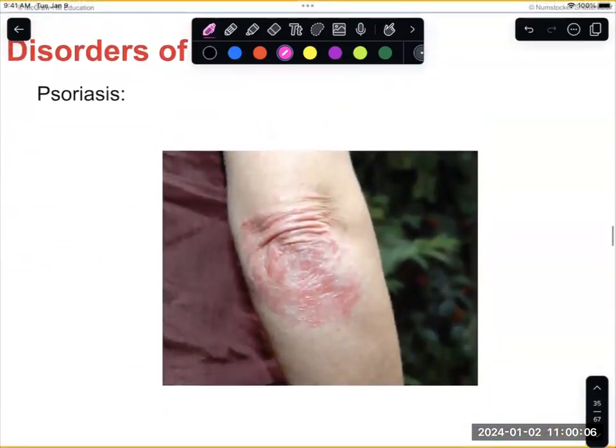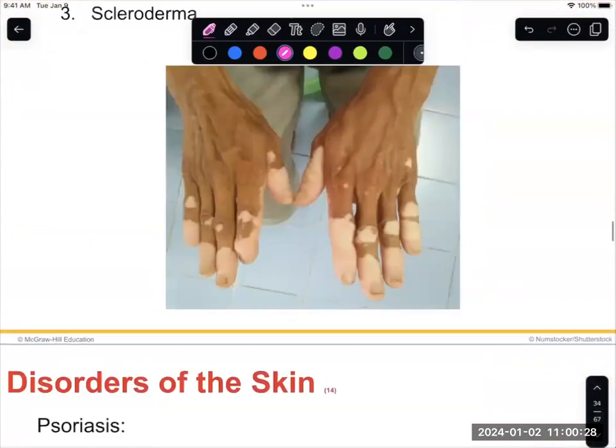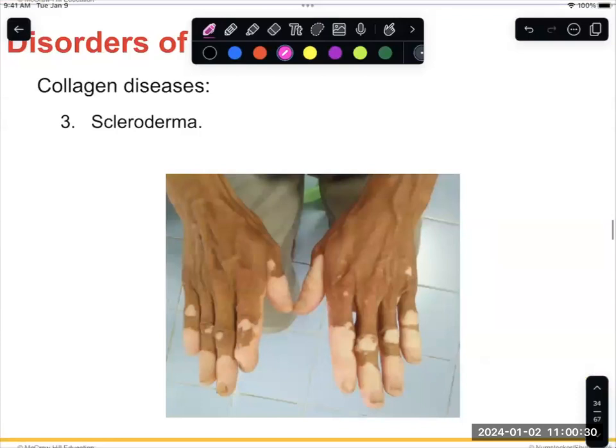Psoriasis is itchy, flaky, red patches of skin of different sizes that are usually covered by a white scaly type of appearance. Vitiligo. Vitiligo produces pale, irregular patches in the skin.